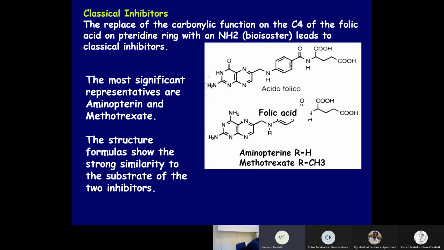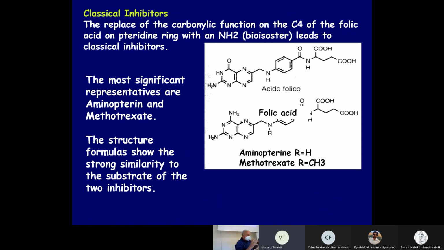Some years ago, when the scientists didn't know the active site of this enzyme, they wanted to design new inhibitors starting from the chemical structure of folic acid.